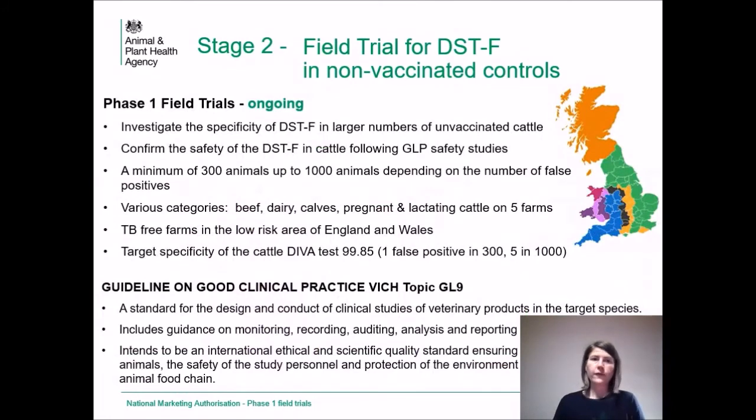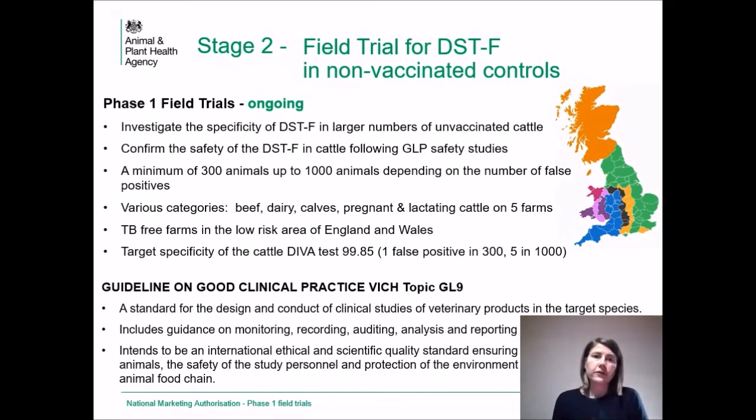In more detail, what is phase 1 of the field trials looking at? These trials are ongoing, and we are investigating the specificity of DSTF in a large number of unvaccinated cattle. The second objective is to confirm the safety of DSTF in cattle.